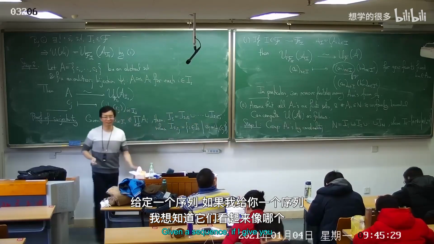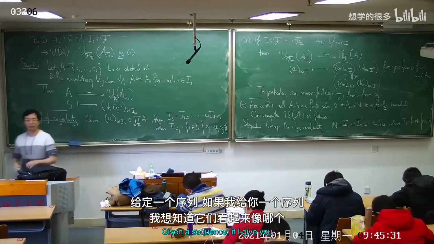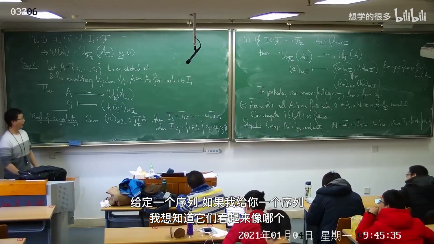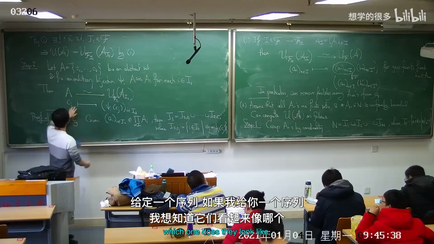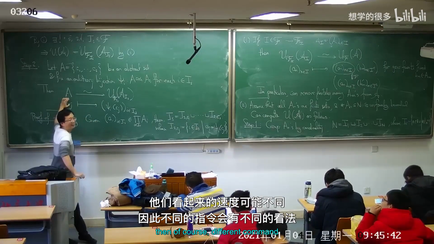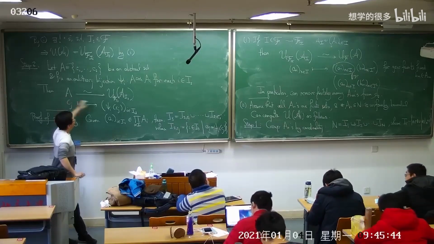Given a sequence, if I give you a sequence, and I want to know, okay, which one does it look like? Which CJ does it look like? Then of course, different components will have different opinions.